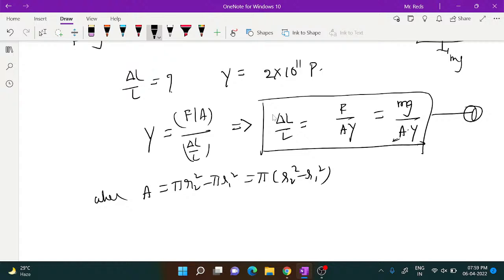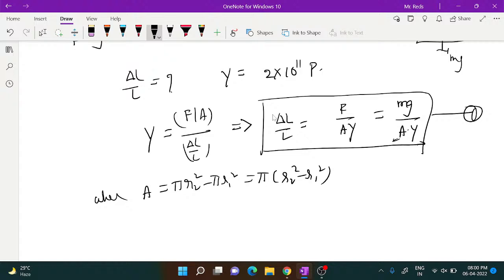We take it as 9.8. 2.75 into 10 to the power minus 6, 2.75 into 10 to the power minus 6, approximately 2.78. Yes, correct.